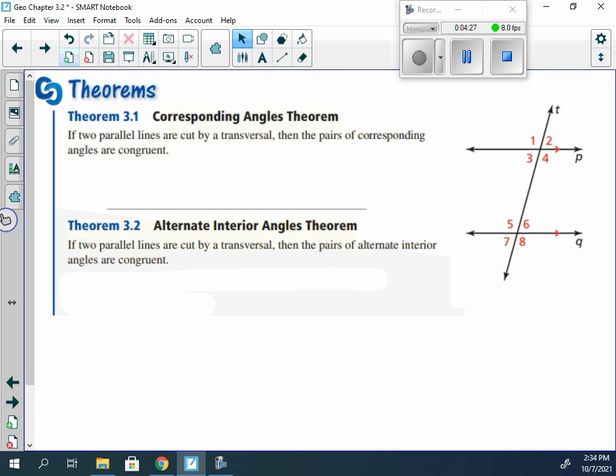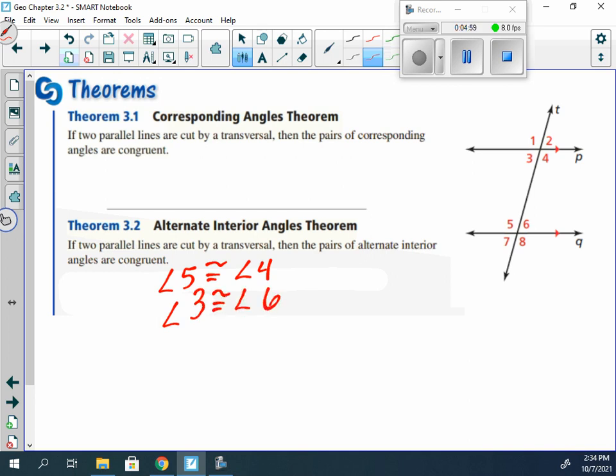Now the alternate interior angles. If two parallel lines are cut by a transversal, then the pairs of alternate interior angles are congruent. So for us here, we can say that 5 and 4 are going to be congruent. We can also say that 3 and 6 are going to be congruent.